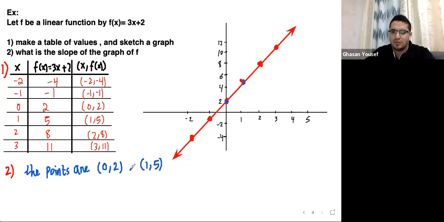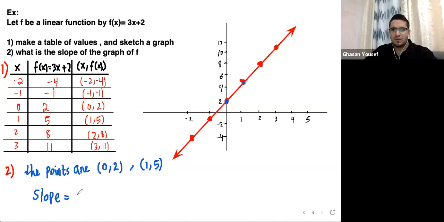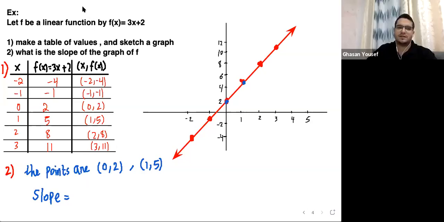Now I'm going to find the slope. What is the formula for the slope? y2 minus y1 over x2 minus x1. Yes, this is correct. So the slope is the difference of y over the difference of x.